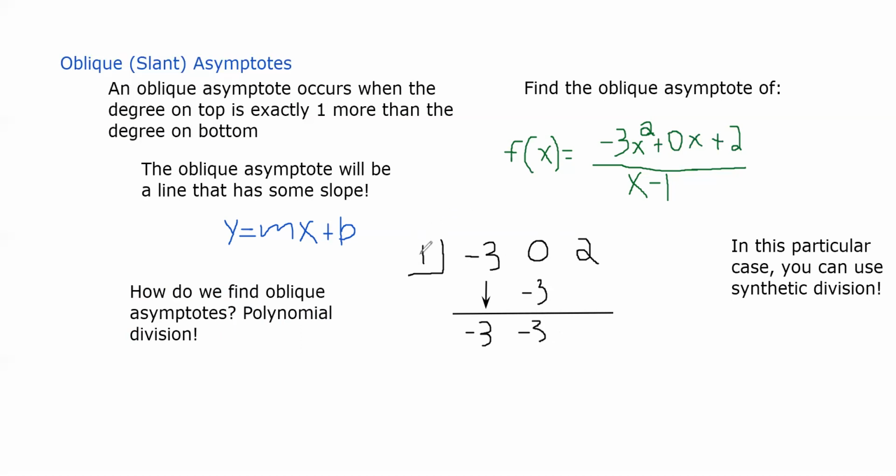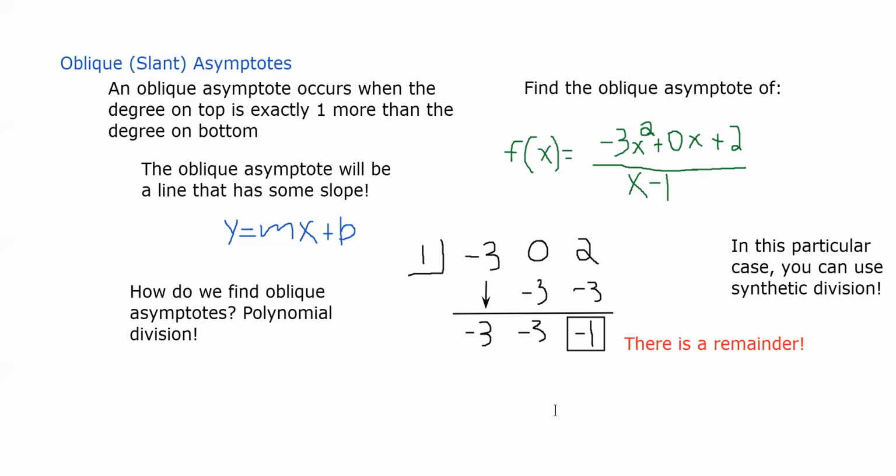Then we need to do 1 times negative 3 again. You're going to get negative 3. 2 plus negative 3 is negative 1. So we're not going to have a remainder. Excuse me, we are going to have a remainder. What am I saying? There is a remainder.